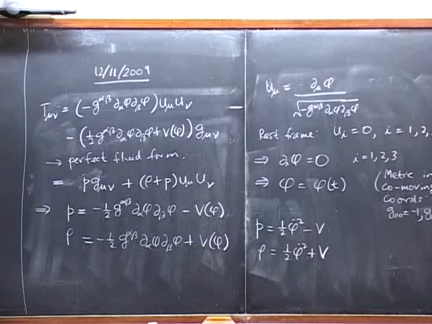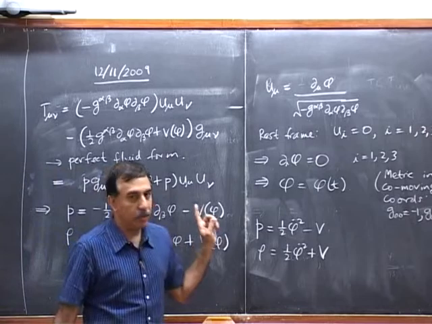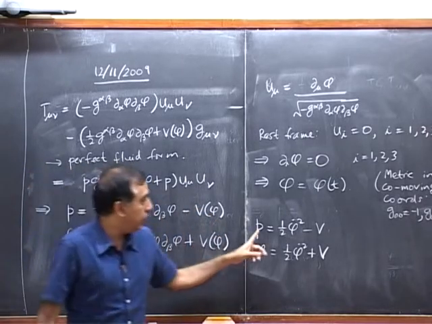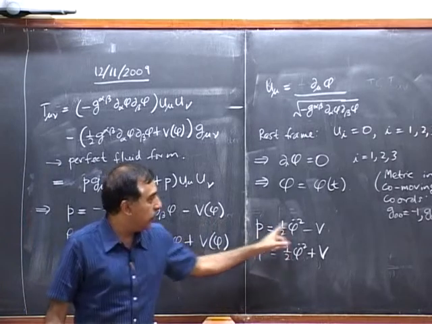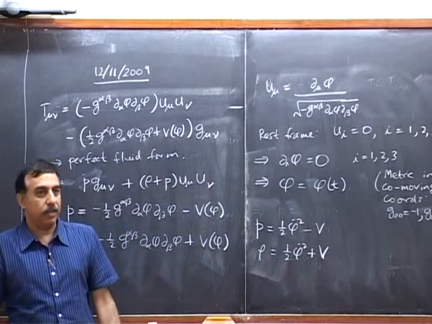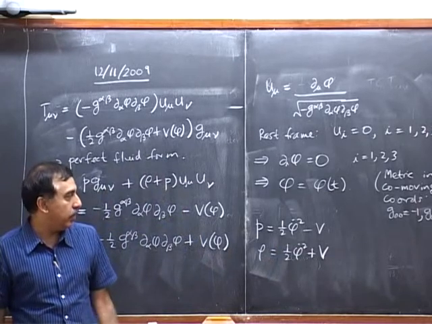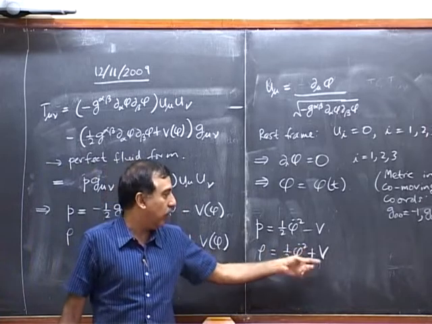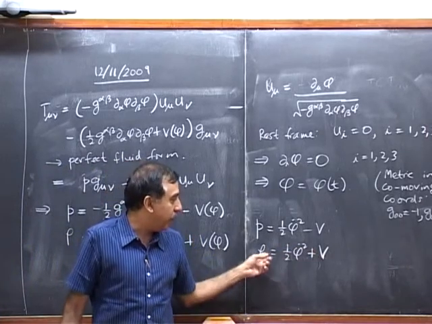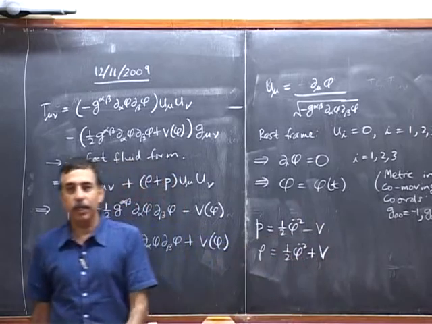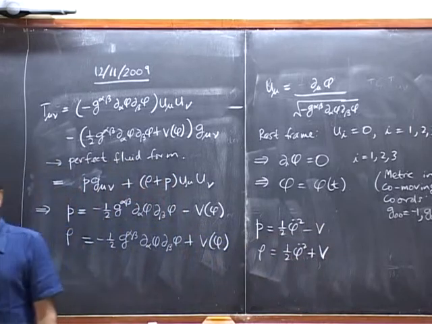So that's simple enough. Now you can see why I panicked about my definition of T mu nu earlier. The definition I had given you earlier would have told me that P is minus of this whole thing and rho is minus of this whole thing. It probably wouldn't have affected some of the Friedmann equations, but some of it would have. And moreover, rho would have been always negative, while here, in the absence of a potential, both pressure and density should naturally be positive.